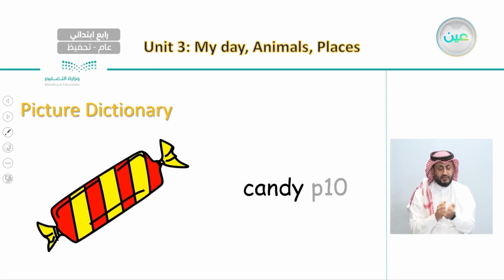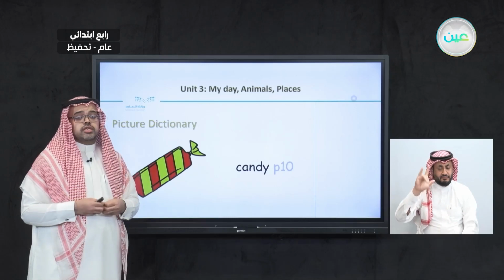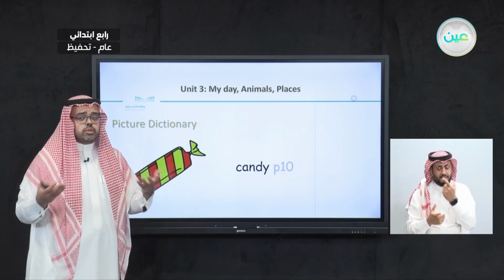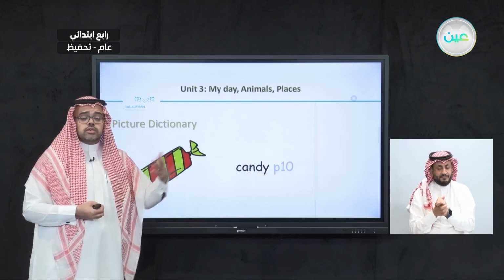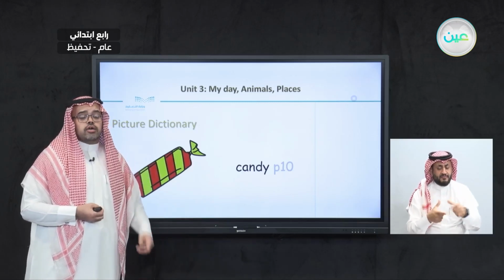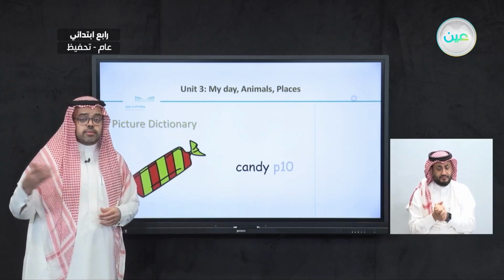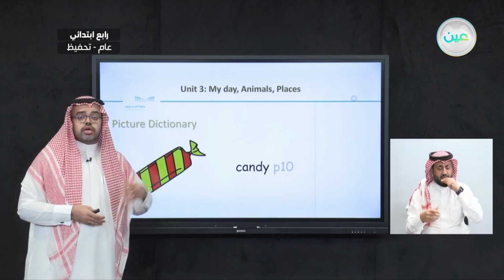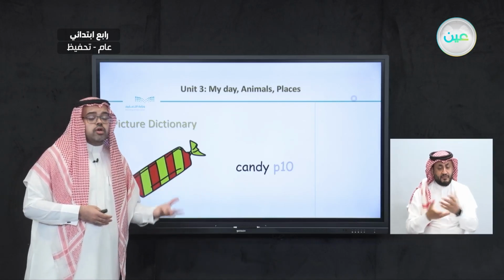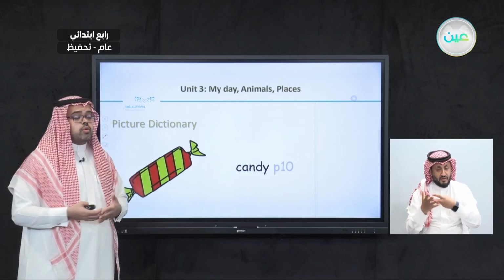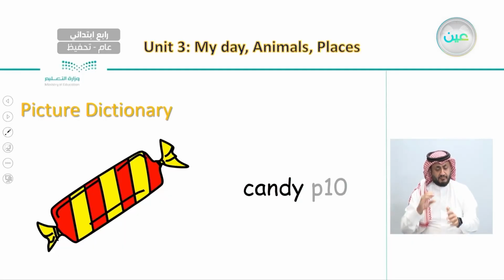Also, we have candy, which is a sweet food we usually eat on different occasions, for example after Ramadan, or when we have a celebration for graduation and so on. This word can be seen on page 10.